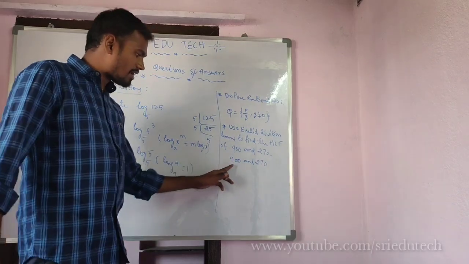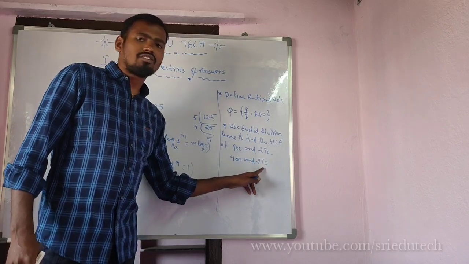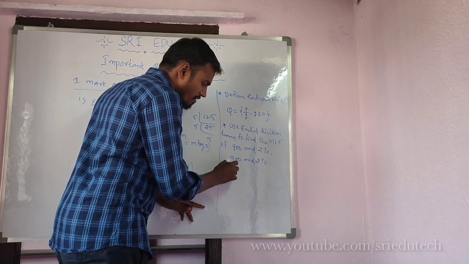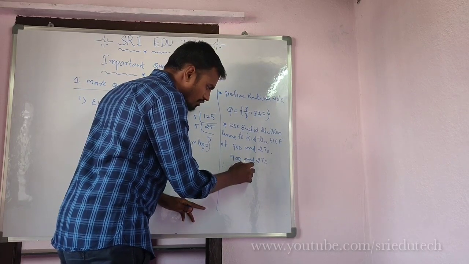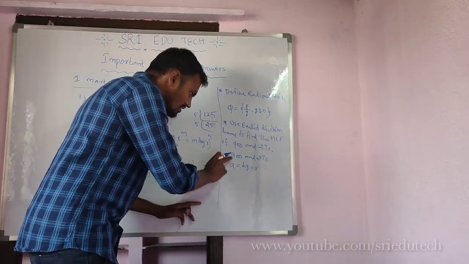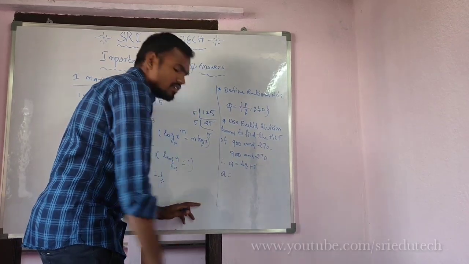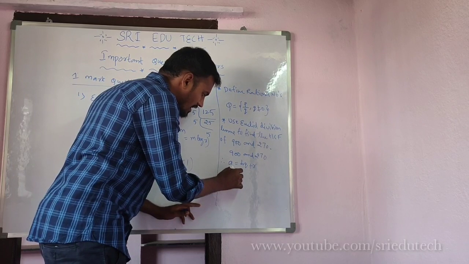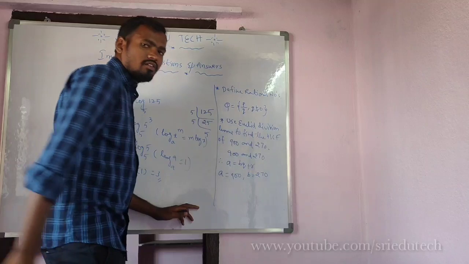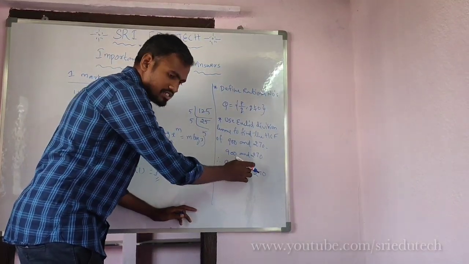Take the bigger number first, then divide with the smaller number. First we write down the Euclid division lemma: A is equal to BQ plus R. Here A is equal to 900, B is equal to 270. Now apply this formula.